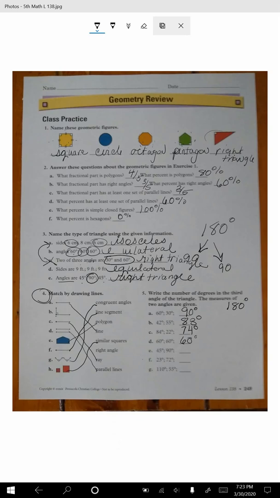That was kind of easy. 45 and 90. That's 135. If I add another 45, that'll be 180. 23 and 72. Do you get 95? I do. 95 up to 100 would be 5 more, plus 80 would be 85.